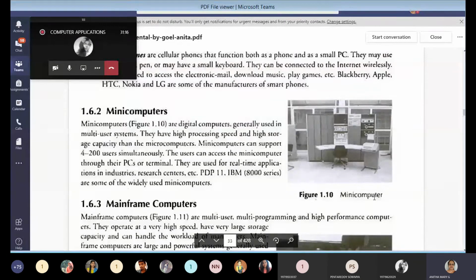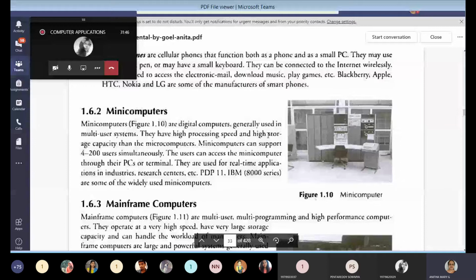Since it's in the second level of the ladder, they are a bit costlier when compared to microcomputers. These are also digital computers, but generally used for multi-user systems. They have high processing speed, and the storage capability is better than microcomputers.